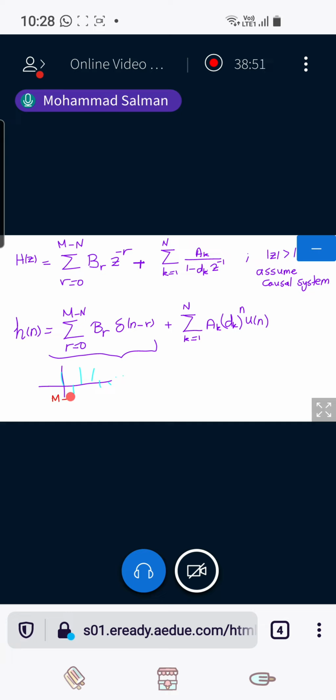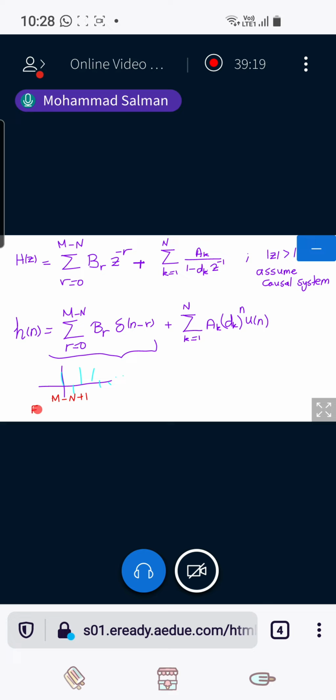M minus N plus 1. From 0 to M minus N is M minus N plus 1, right? So I don't care whether it is M, M minus N, or M minus N plus 1. Just to be precise, what I care about is that this system has an impulse response h of n.